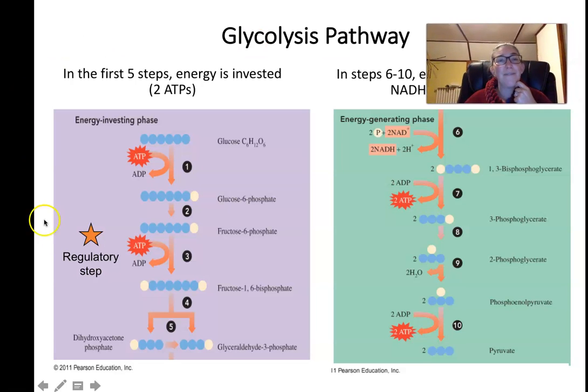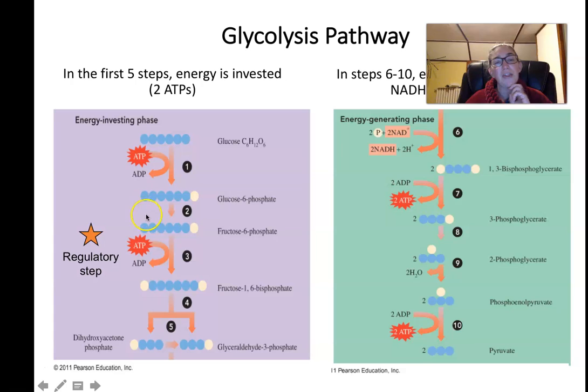So we'll start with phase 1. The first half, the first 5 steps of glycolysis, are known as the energy investing stage, because you actually have to spend ATP in this. These reactions are numbered: the first, second, third, fourth, fifth. The 5th step is when we take that 6-carbon molecule and split it into 2 3-carbon molecules.